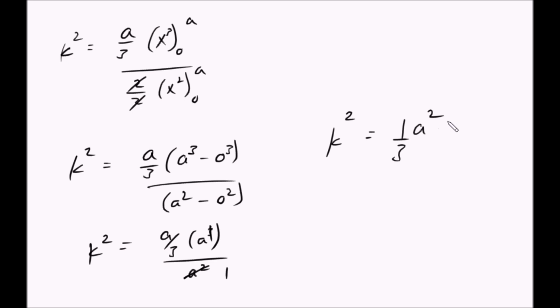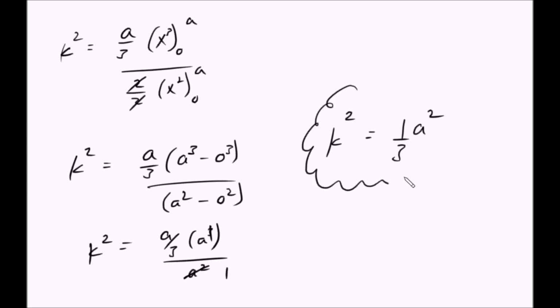So the square of the radius of gyration is a over 3. Above we have a cube, below we have a squared, so a squared cancels and one a remains. So finally the square of the radius of gyration is just equal to a times a, which is a squared. So it is 1 over 3 a squared.